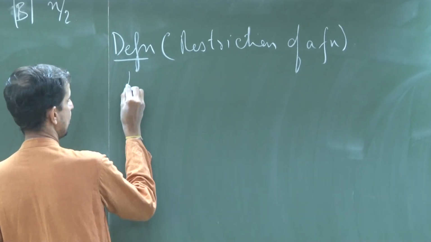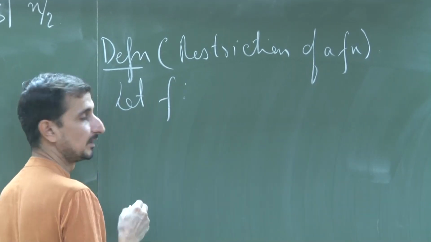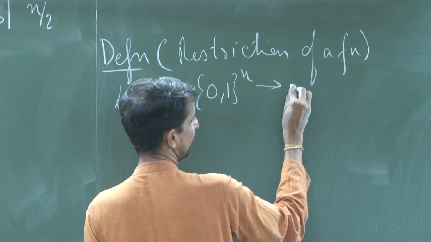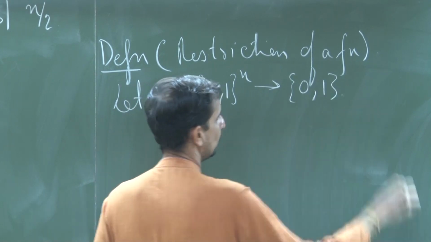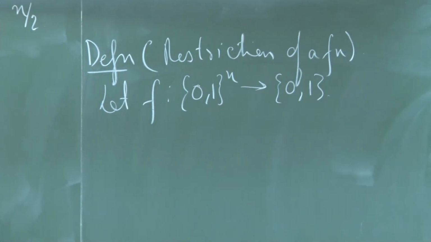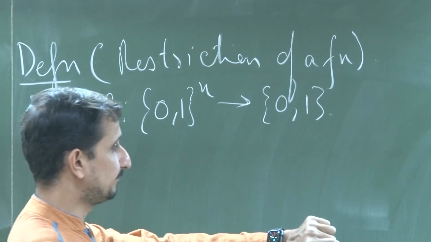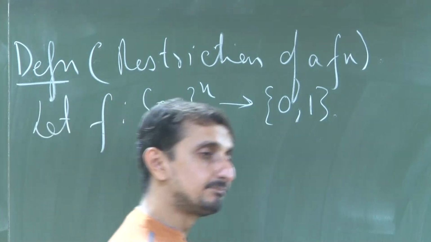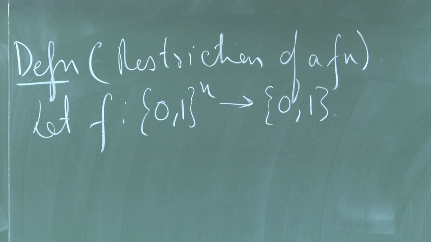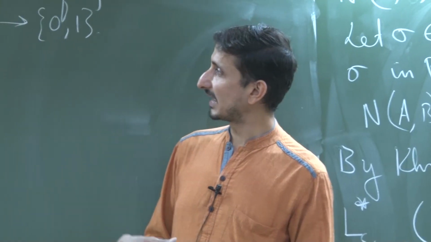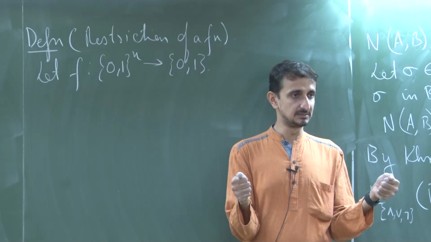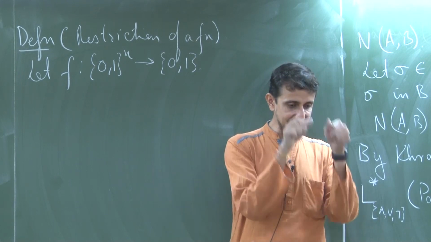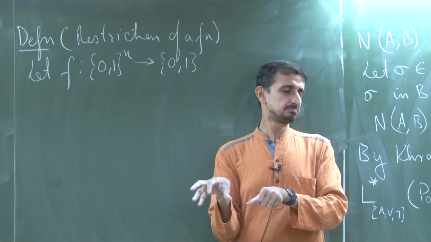So, let f be a function from 0 1 to the power n to 0 1. Before proceeding with the definition of restriction, mathematically it might seem a little complicated, but let me give you the idea. The idea is very simple. I have a function on n variables. Now, suppose I decide to fix some of the variables. Between these n, let us say I pick some subset of the variables and I say that these fixed variables will go to some fixed inputs.